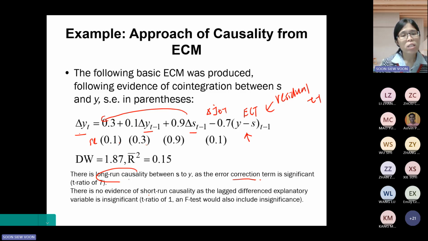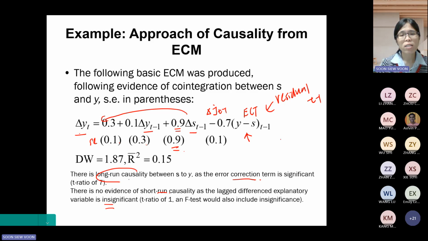So how about the short run? Is there a short run causality from S to Y? It's insignificant. Why? Look at this coefficient. This only has one lag. If we have more than one lag, I have to use the F test, but this one has only one coefficient, 0.9, so I can just strip away.